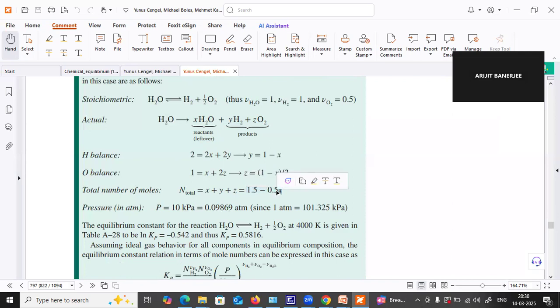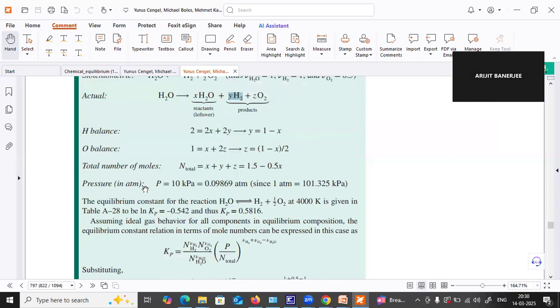That is our target. That means what is the mole fraction of hydrogen, and the mole fraction of H2O that is left over. The remaining will be converted into hydrogen and oxygen, which we can calculate. Now, the pressure is equal to 10 kilopascal.